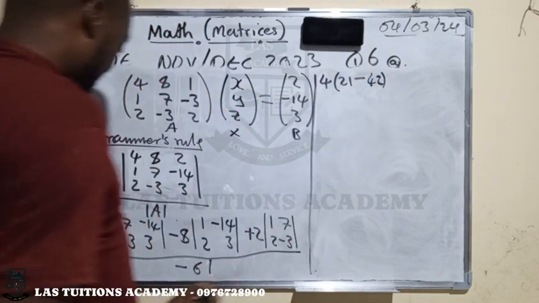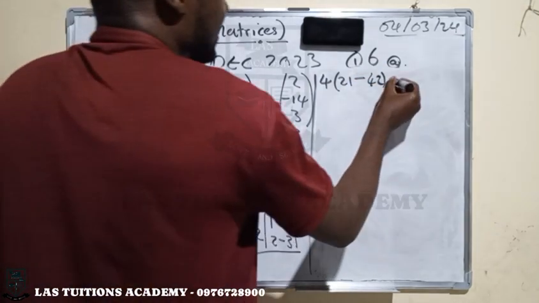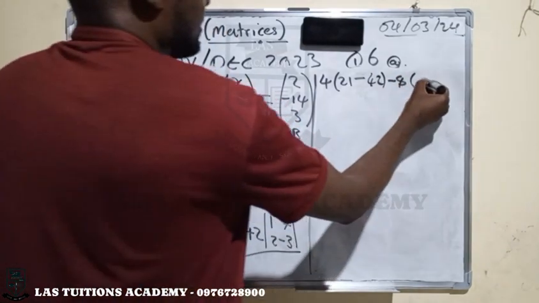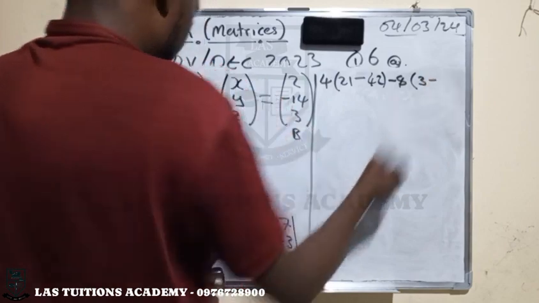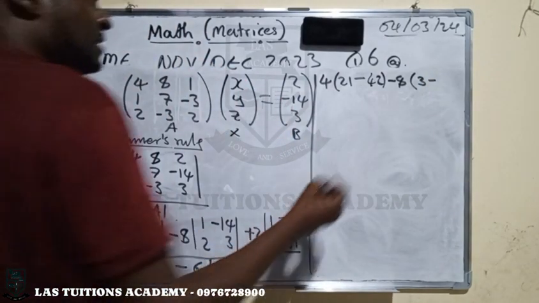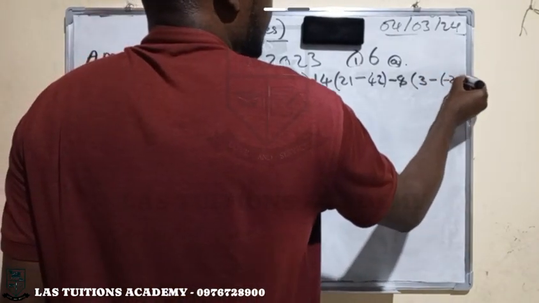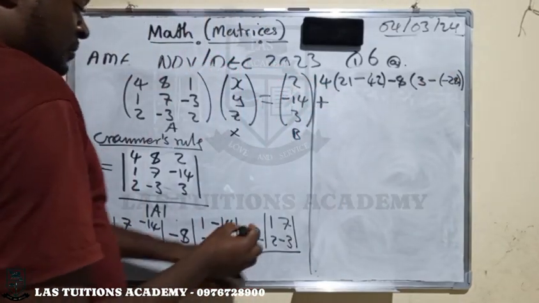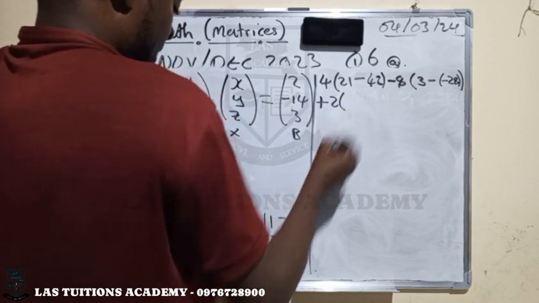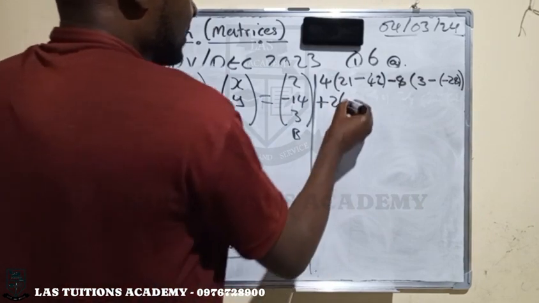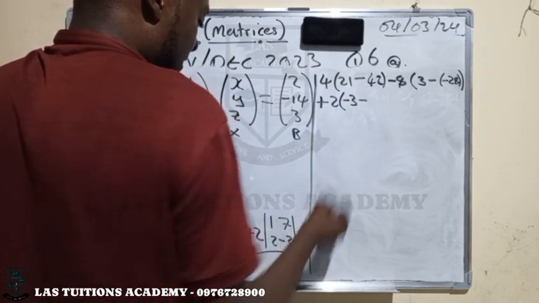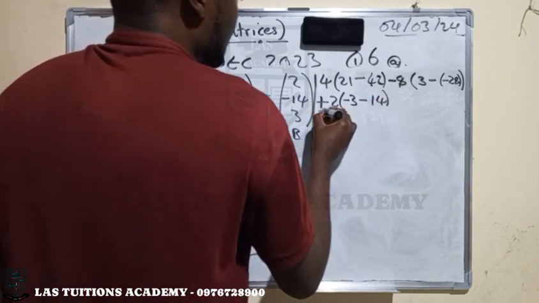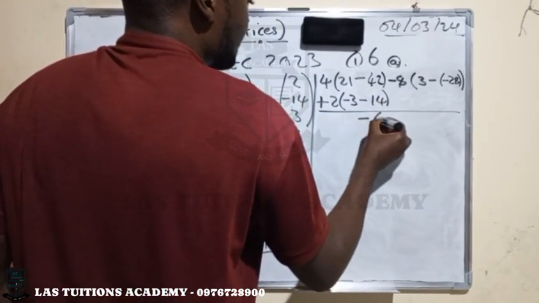Then we have minus 8. Then 1 times 3 is 3, minus 2 times 14, it will be negative 28. Then plus, we have a 2 here. Then 1 times negative 3 is negative 3, minus 2 times 7 is 14. Then everything over negative 61.